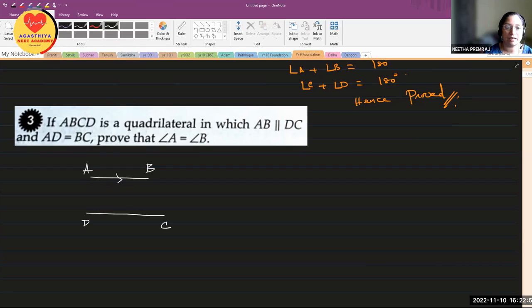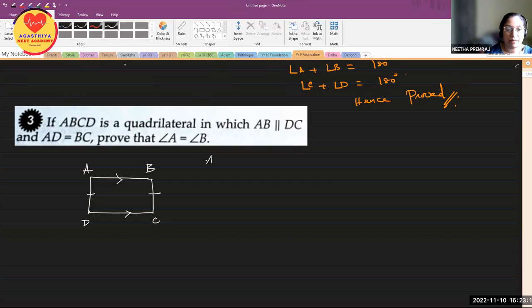AB is parallel to DC, and AD is equal to BC. It is given. These two measures are equal.